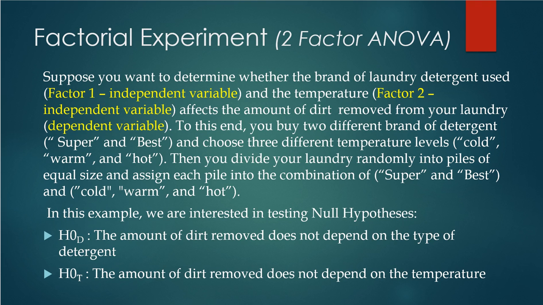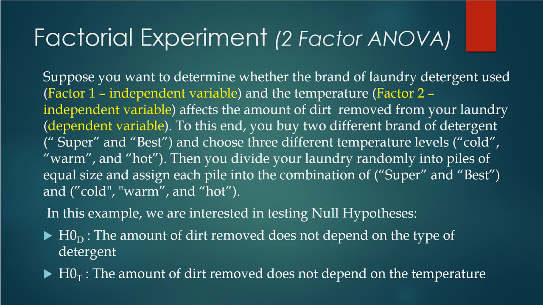So suppose you want to determine, this is a good one, whether a brand of laundry detergent and the temperature are the 2 factors. Brand is factor 1, temperature is factor 2, and they affect the amount of dirt removed from your laundry. This is our dependent variable.